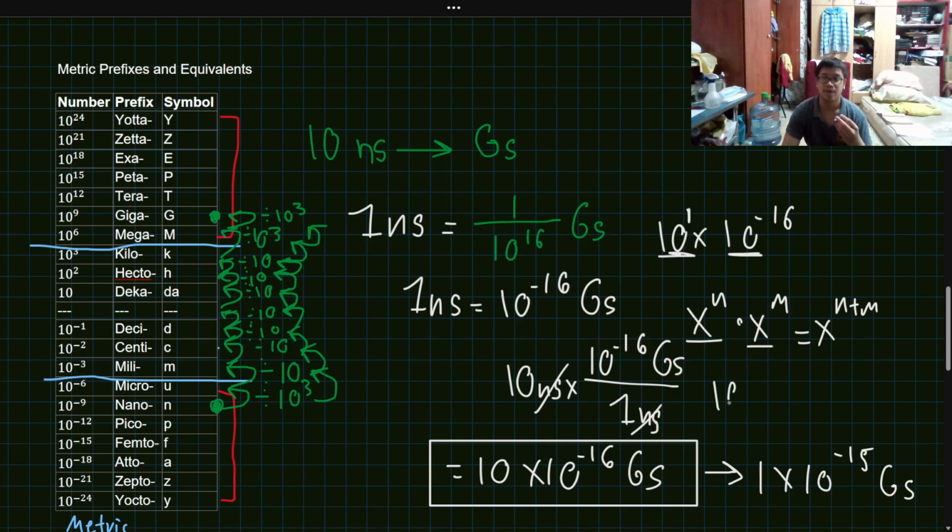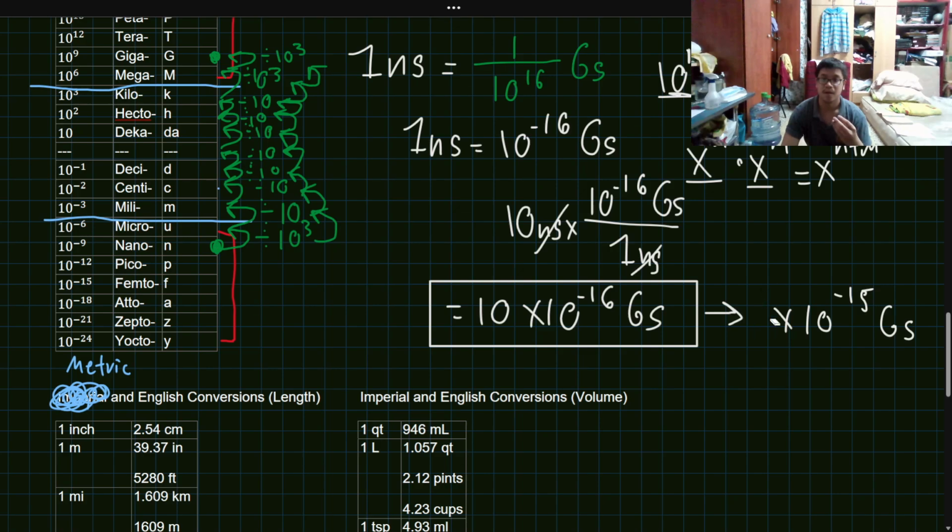So therefore, you have 10 raised to 1 times 10 raised to negative 16. So you will have what? 10 raised to negative 15 gigaseconds. All right? So your answer could be 10 raised to negative 15 gigaseconds. You can leave it this way. Or you can leave it as 1 times 10 raised to negative 15 gigaseconds.